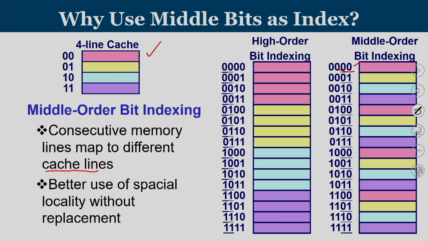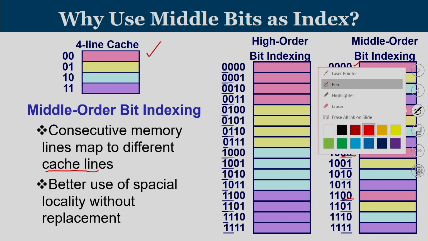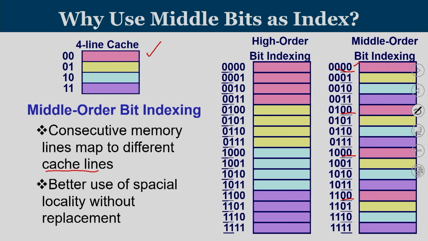So these are the 4 blocks that get mapped into the same location. From the color you can see they are the same color. That means adjacent locations are getting mapped to adjacent locations in the cache memory.